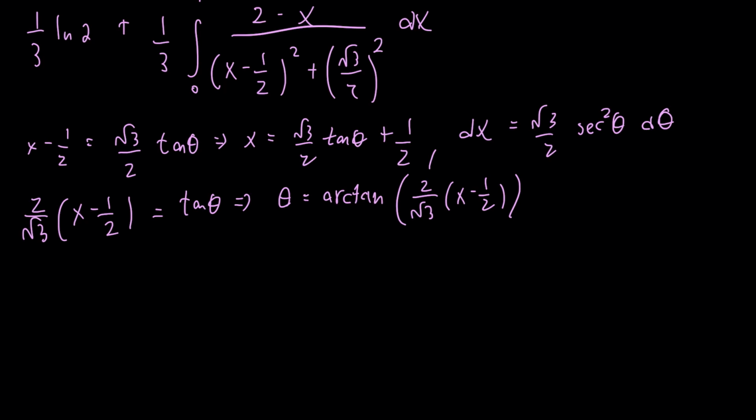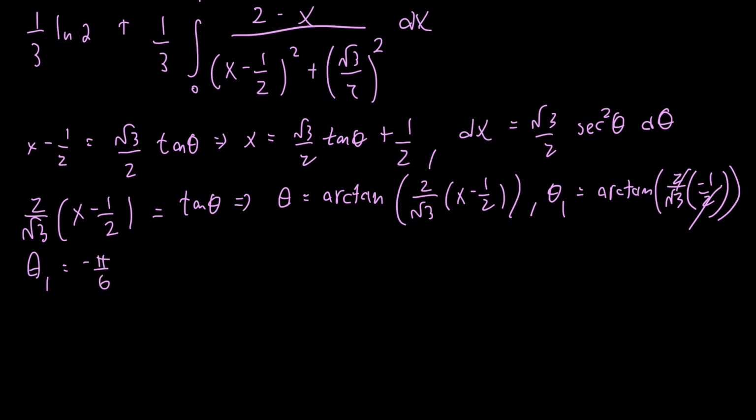And now for the bounds of integration, theta 1 will be plugging in x equals 0. We're going to have the arctangent of 2 over the square root of 3 times -1/2, but the 2's cancel, so we're just left with the arctangent of -1 divided by the square root of 3, but that sorts out to -pi/6.